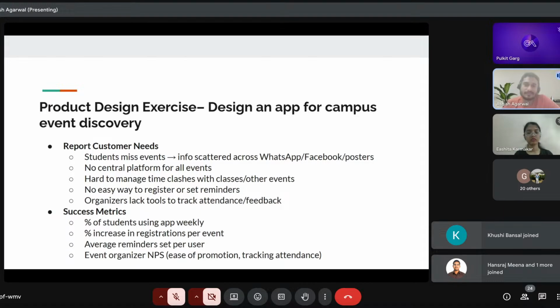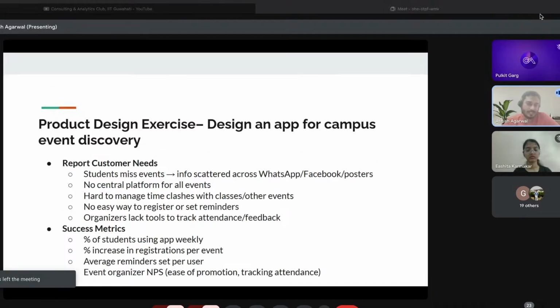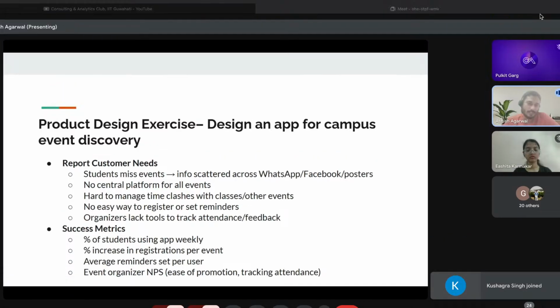Similarly, basis these needs, we have defined success metrics, which are on the lines of how people are using this app, are they using it for registration, for reminders, and again for secondary users, is it becoming easy for them to promote their events with this app, as well as track attendance if they want to.